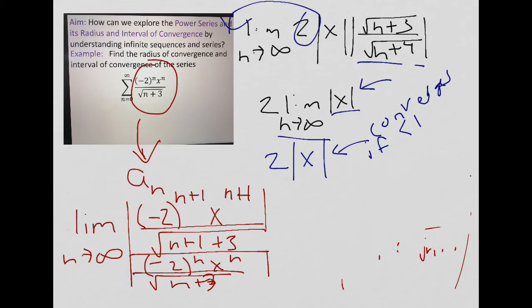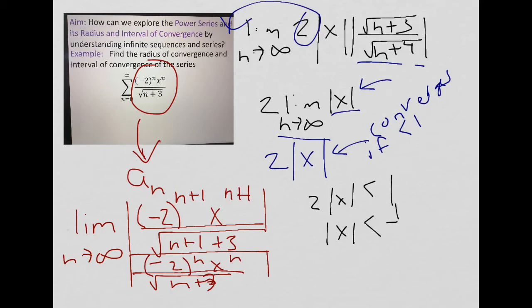It's right underneath anyway, the part I said for you to copy. If we set this less than 1, we find the absolute value of x has to be less than 1/2. So this is what has to happen in order for the series to converge. Its radius of convergence is going to be 1/2.